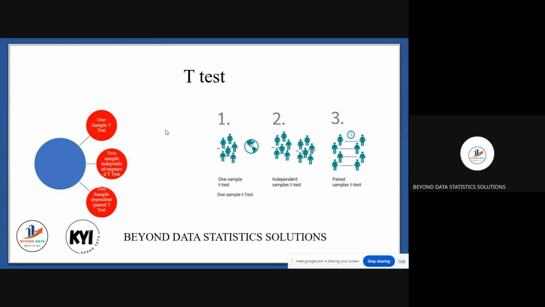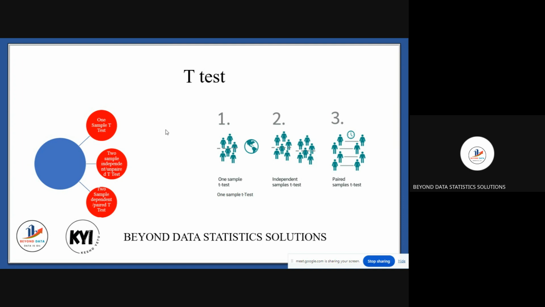Now, that is where we have 2 different, independent people, and we are testing if there is a treatment. Another group gets a treatment, another group does not get a treatment, to check if there is a significant difference.